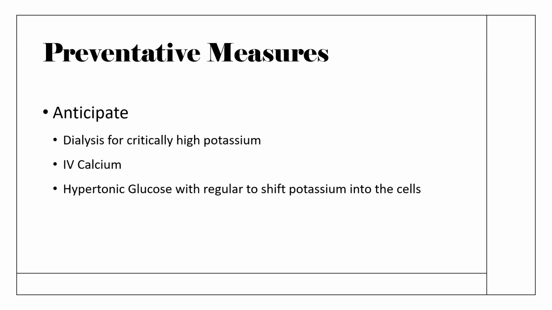We're going to instruct the client to avoid using any kind of salt substitutes or anything containing potassium, and let them know that their serum potassium level will be closely monitored, especially if they're taking a potassium-sparing diuretic.